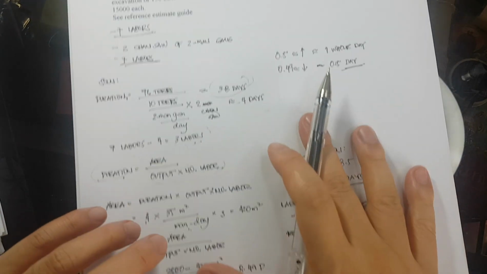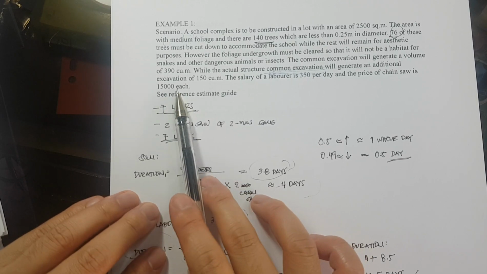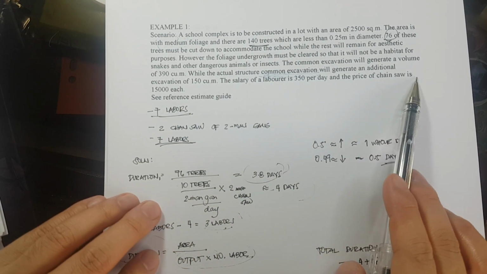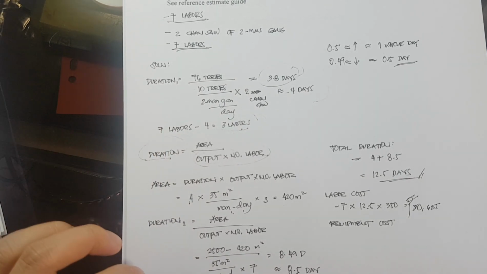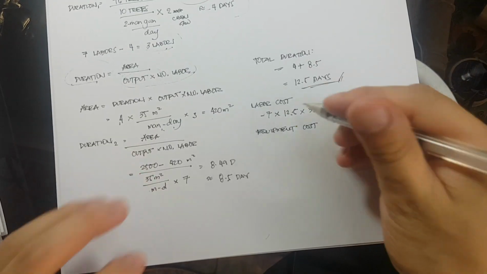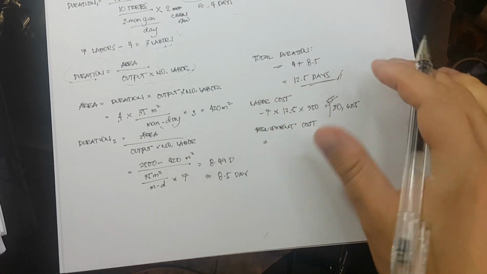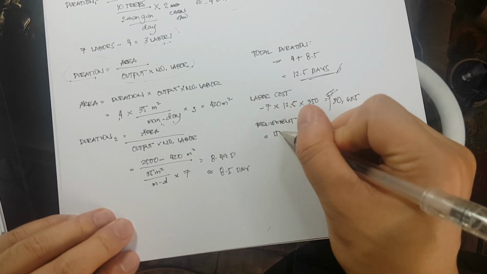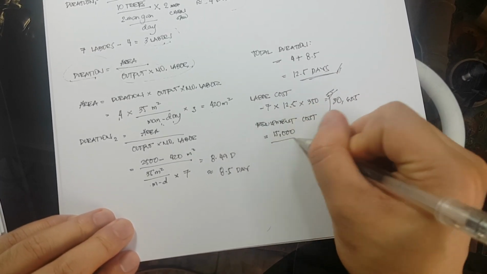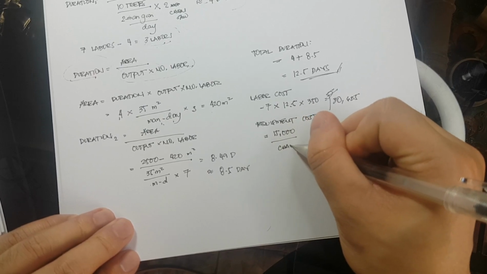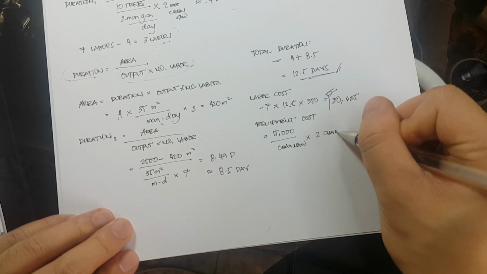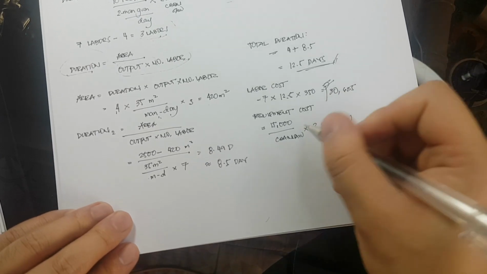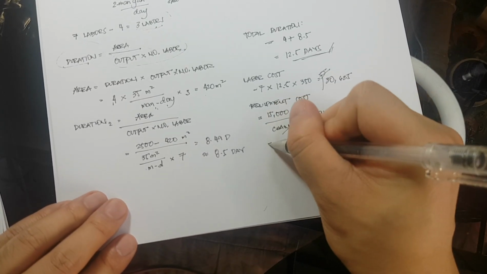Okay? Now for the power tool, or let's say equipment cost, the price of chainsaw is 15,000 each. Okay, so it is 15,000 per chainsaw times 2 chainsaw. So chainsaw will simply cancel out.